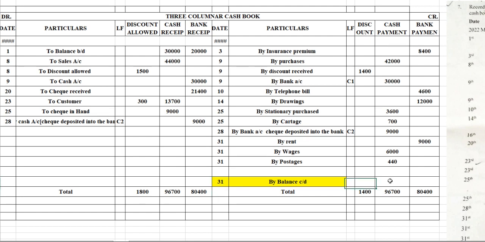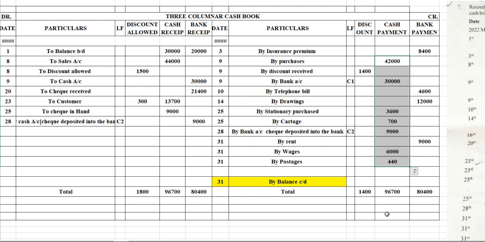Okay, to balance carried down, the difference between this 96,700 minus this 42,000 minus 30,000 minus 3,600 minus 700 minus 9,000 minus 6,000 minus 440 is your total of this, 91,740.